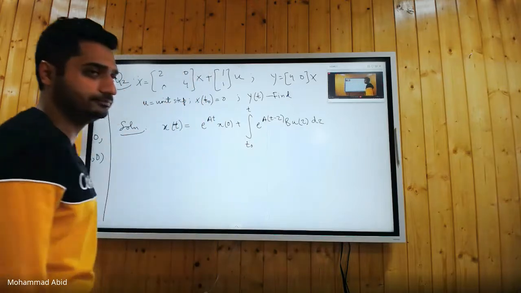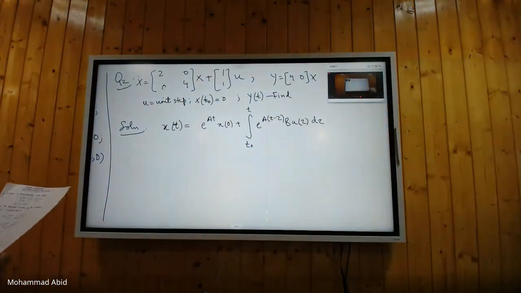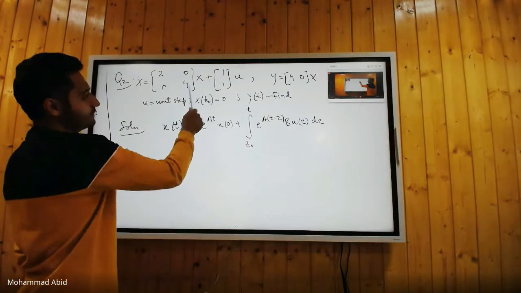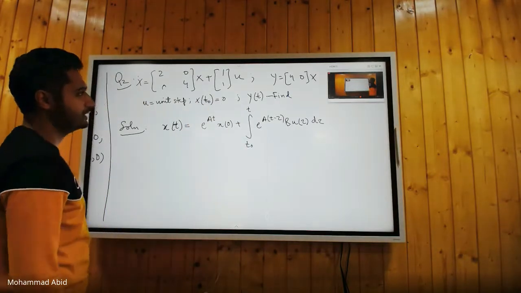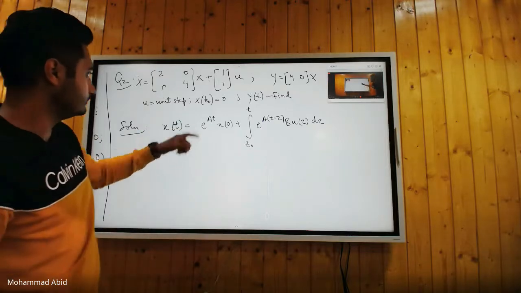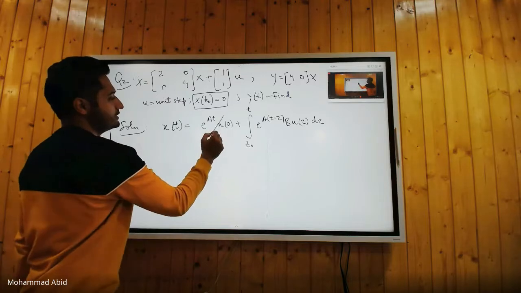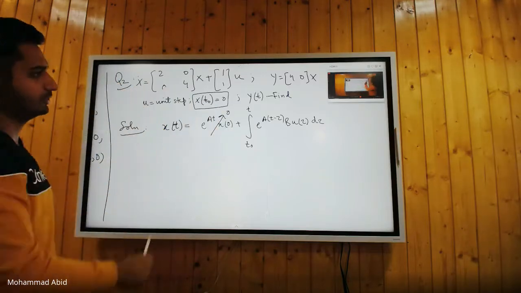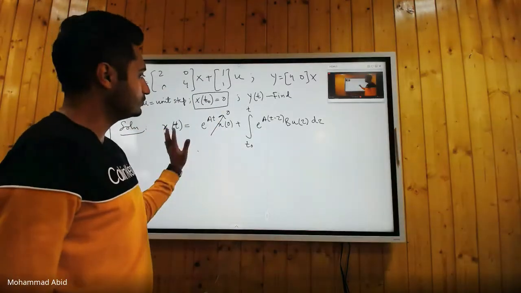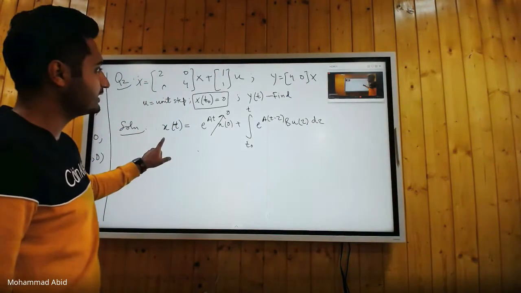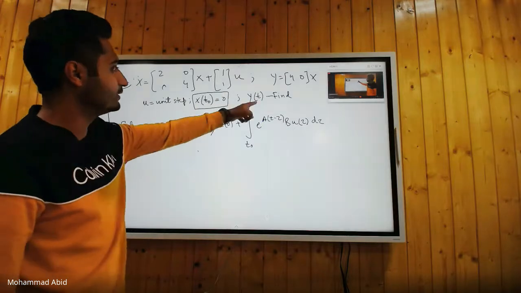This is the solution of the state space model. Here your x(t0) is 0, which means this term is 0, so you just have to evaluate this integral. That will give you x. When you get x, you multiply with C, and you will get y.